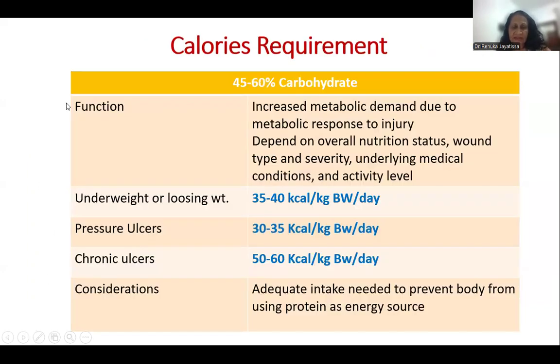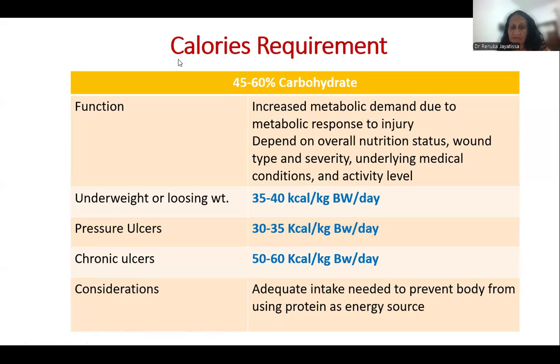Then the energy requirements. When we look at energy, the metabolic demand is very high because of the injury and the wound, and depending on their overall nutritional status, they may be malnourished. For underweight or weight-losing patients, they need about 35 to 40 kilocalories per kilogram body weight per day.